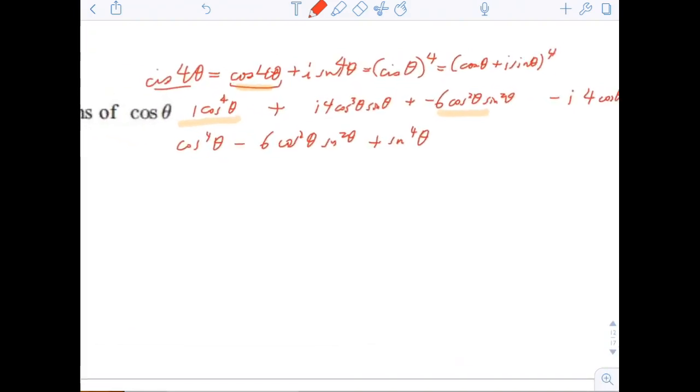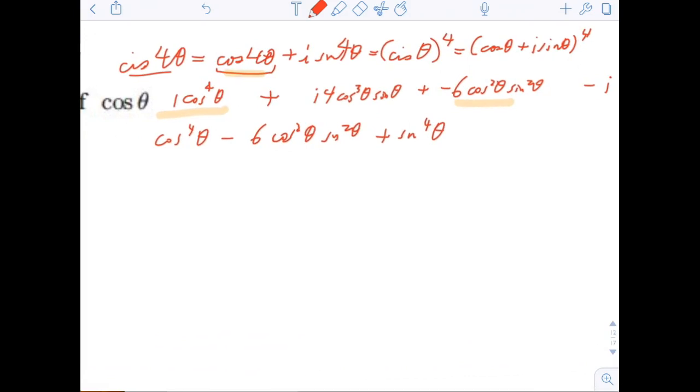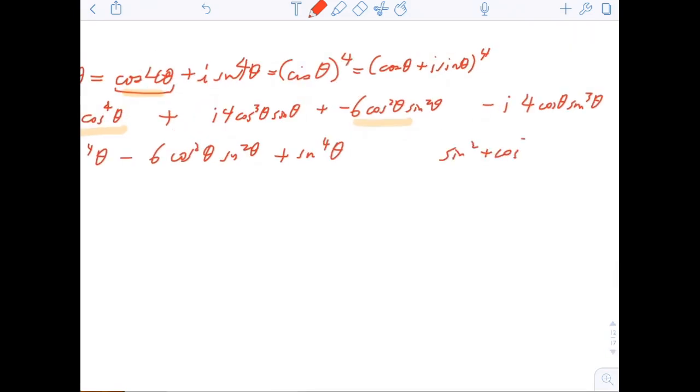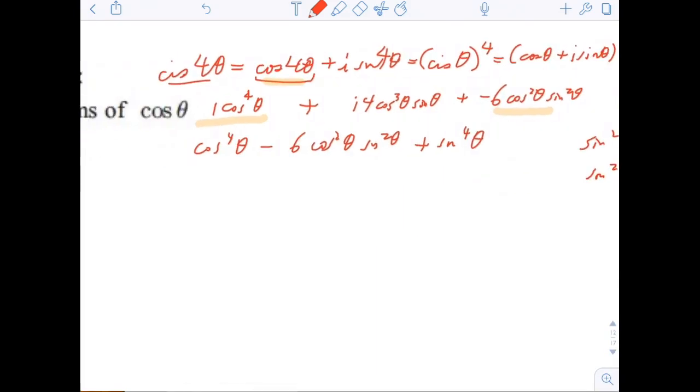And I want to find everything in terms of cosine theta. So what I could do is replace the sine squareds. Remember that sine squared plus cosine squared equals 1. So I could replace them with sine squared equals 1 minus cosine squared, right?